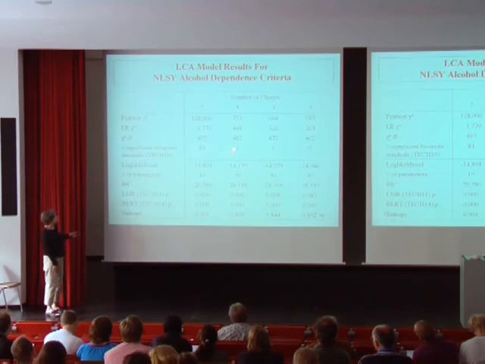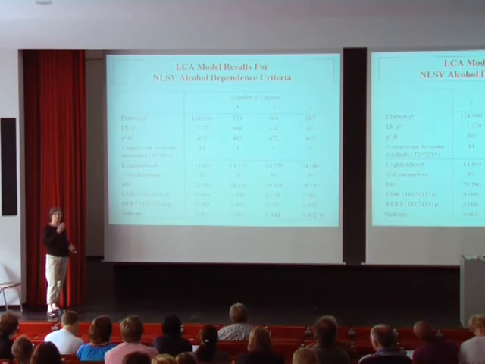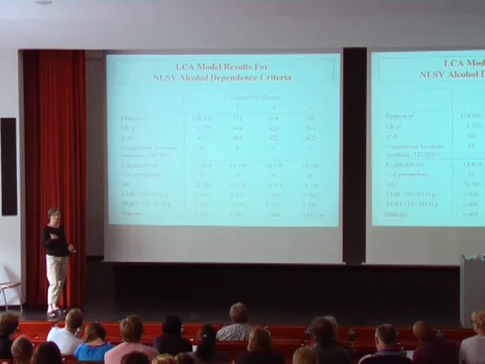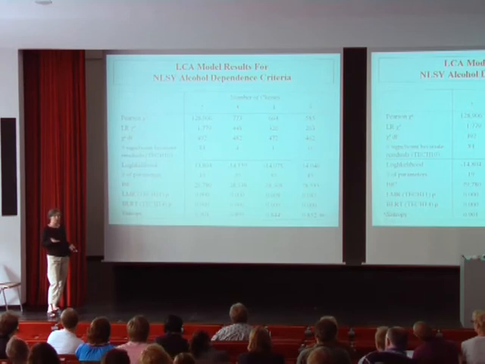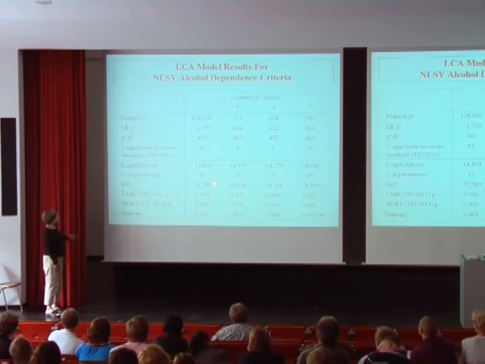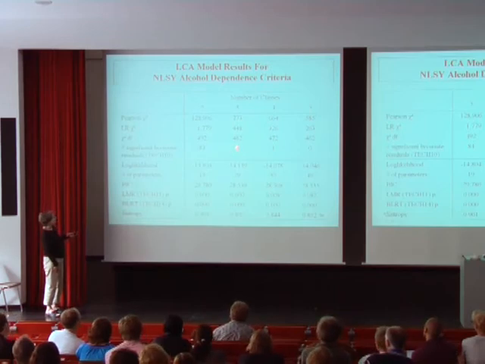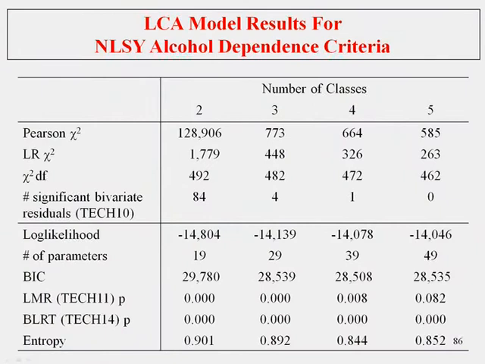For 3 classes, 4. For 4 classes, 1. Now you have to remember the 1.96 really needs to be made larger in some way to take into account we're doing many tests, not just a single test, like a Bonferroni correction type thing. So we probably wouldn't have as many here. But basically, I would think this points to the 3-class solution, looking at Tech 10.